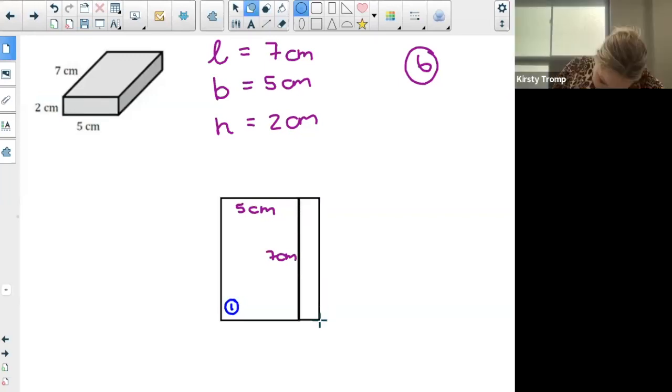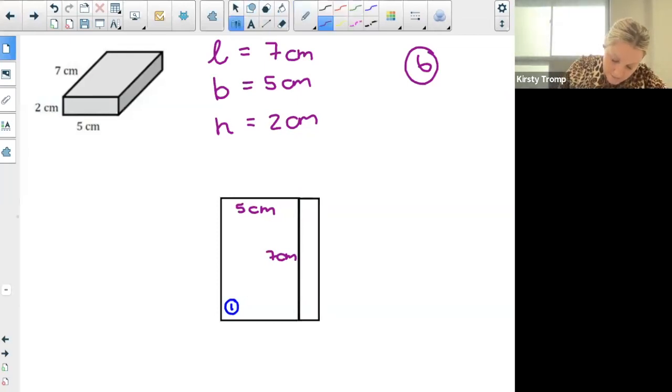I've got my little one, and I'm going to put him in there. This little one that I'm drawing is 2 centimeters. How can I tell it's 2 centimeters? Because there is my 2 centimeter measurement that I had just now. And this length is going to be 7 centimeters.